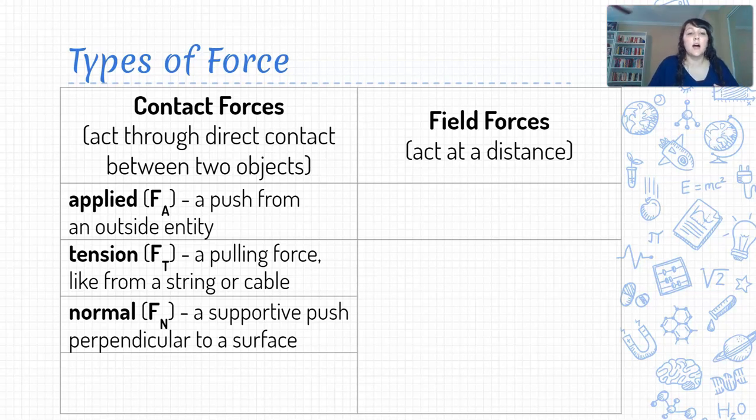Okay, so in the case of our donkey, the ground was providing a normal force holding up the donkey against the pull downward of gravity. All right, so that would be a normal force. A lot of times we'll see floors and ground, like the ground is exerting a normal force on things, but normal force doesn't necessarily always have to be upward. It's really coming perpendicular out of a surface.